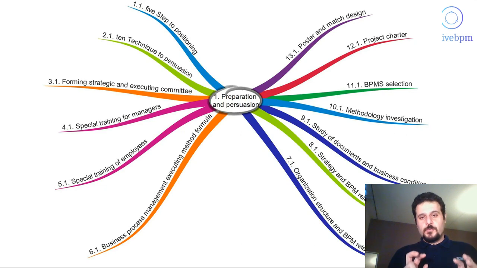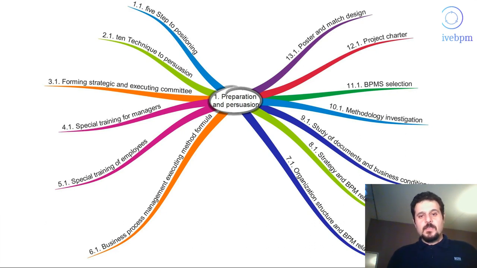So we should create two committees, and you should also define the role and responsibility of each committee, the period of time they need to gather and talk about BPM, and the deliverables and results of BPM.